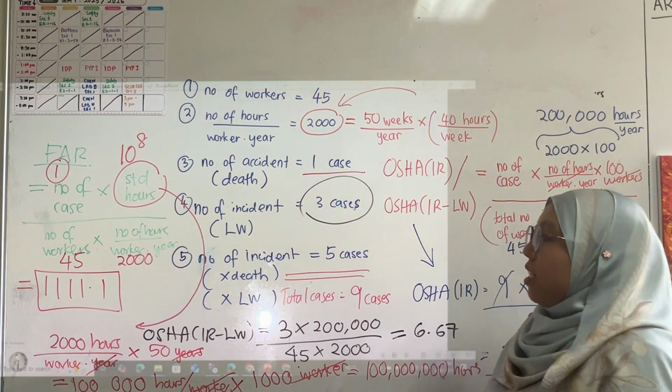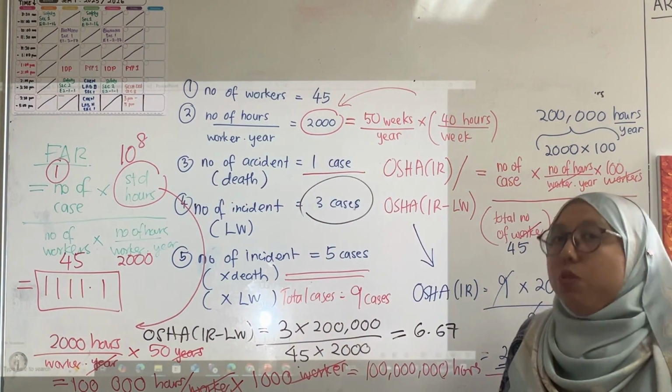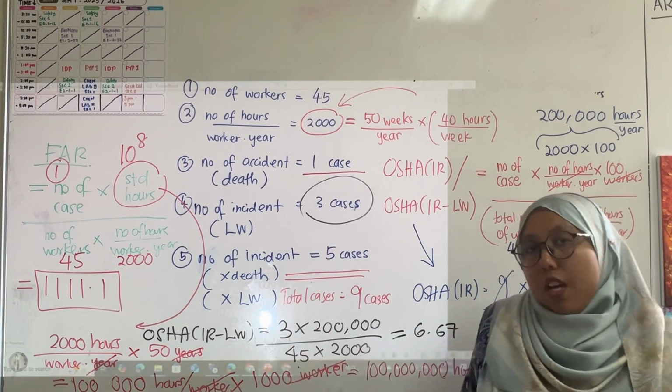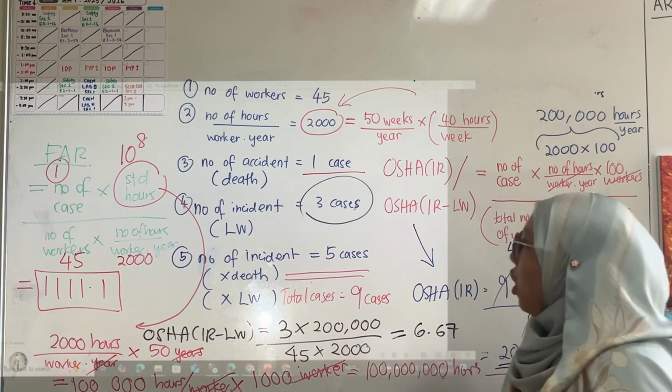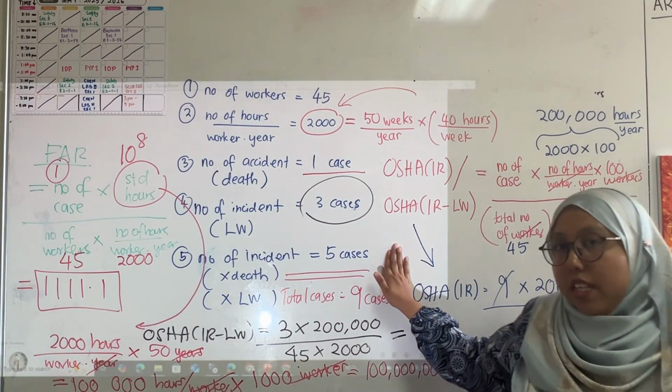So that is the meaning of the value obtained from the fatal accident rate calculation. I hope now it is clear.